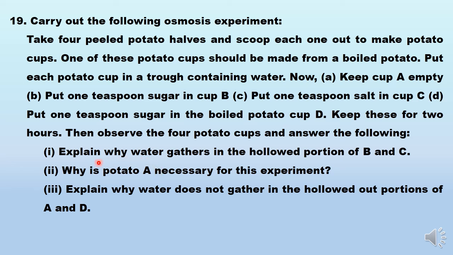So potato A is actually a control. Controls are those parts of our experiment which must be there, otherwise you have no authenticity to your data. So potato A is just showing that the whole process of scooping the potato was foolproof and it has not damaged the wall of the potato. So it is a control. Control is always necessary for the experiment for the authenticity of your data.